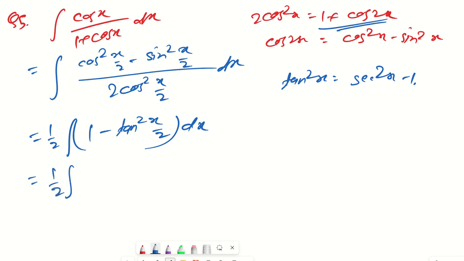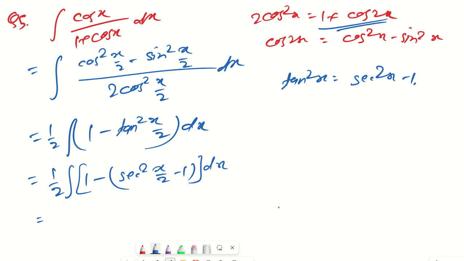1 by 2 times the integration of 1 minus, it will become sec square x by 2 minus 1, right, dx. So the 1 will get cancelled, sorry, 1 plus 1 will become 2, and sec square x by 2 we know already the formula.